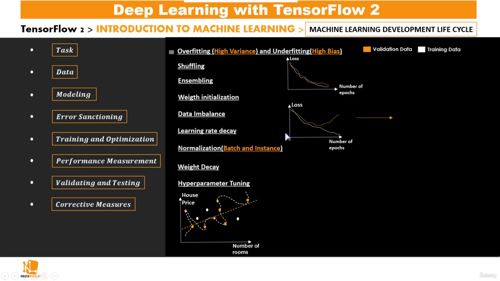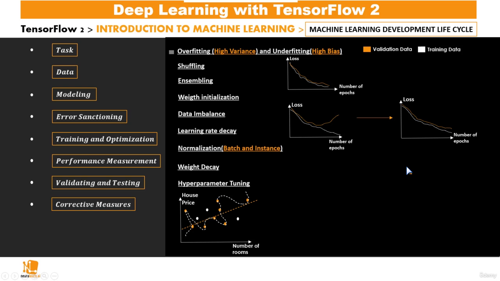Now when we have this kind of problem, our goal is to move from this kind of curve to this one where both the validation and the training losses reduce, although not at the same rate, but at least we don't have the situation where the validation loss starts to increase. So this means that we take some measures such that our model doesn't just readjust itself during training based on the training data, but also learns how to generalize on the data it has been given.